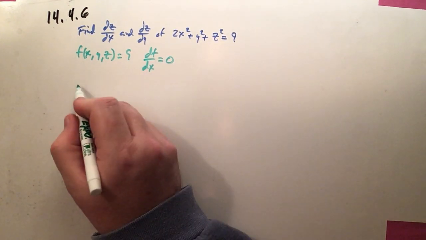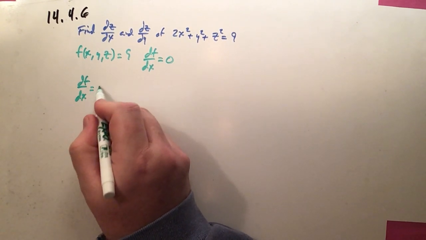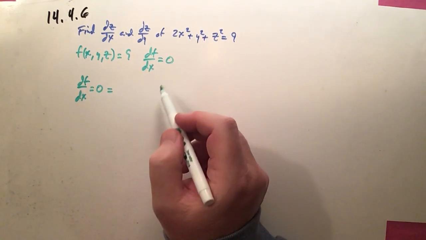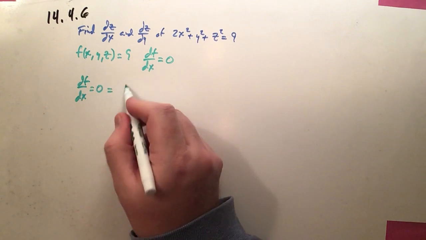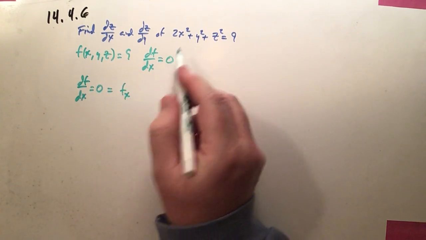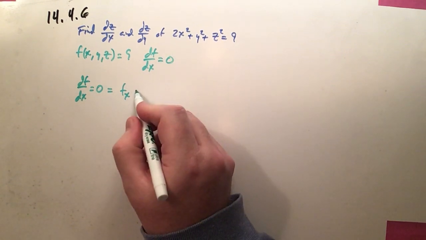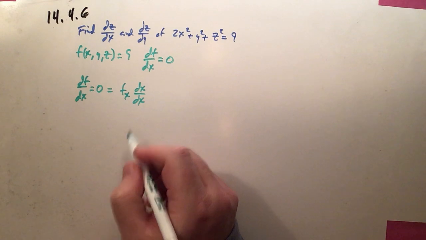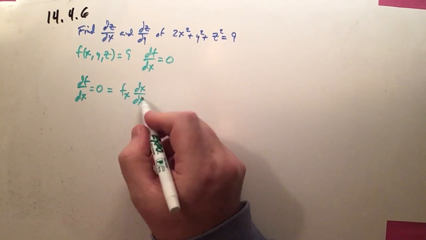So the partial of f with respect to x is equal to 0. Now let's take the partial of everything that's inside. So I want to take the partial of f with respect to x, and that's going to be times dx/dx. Again, we're applying the chain rule here as if x is a function of itself.